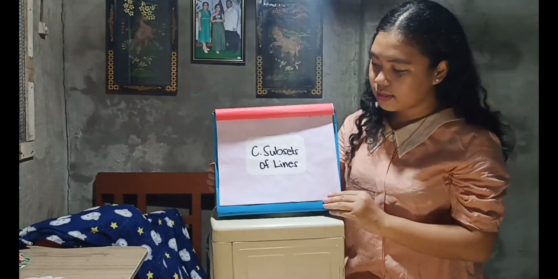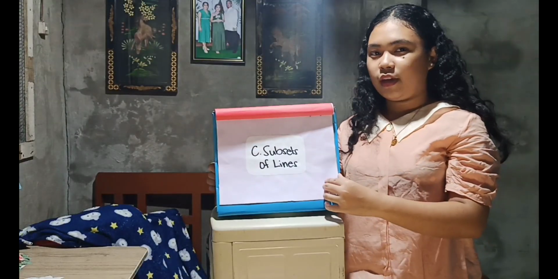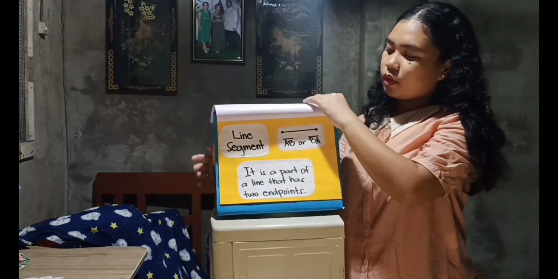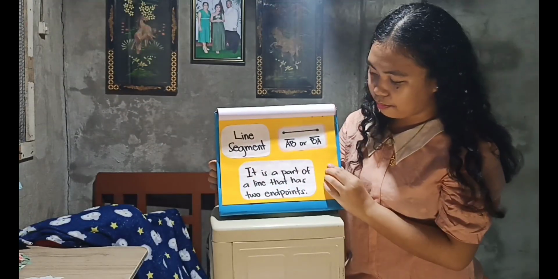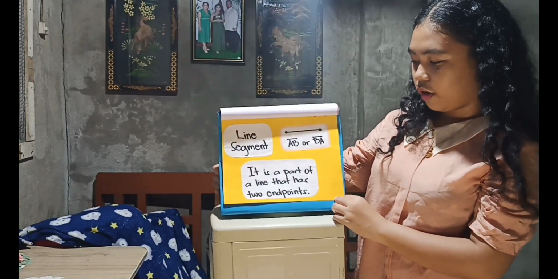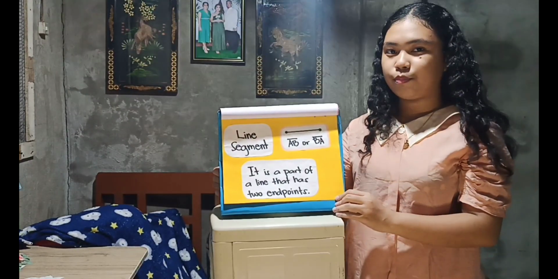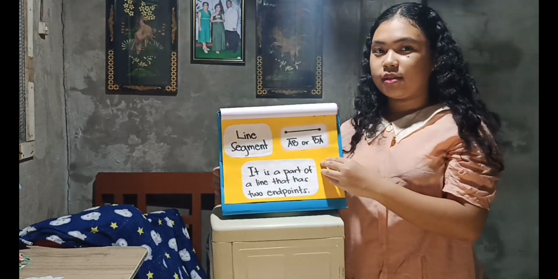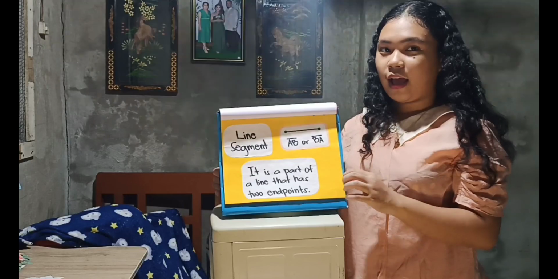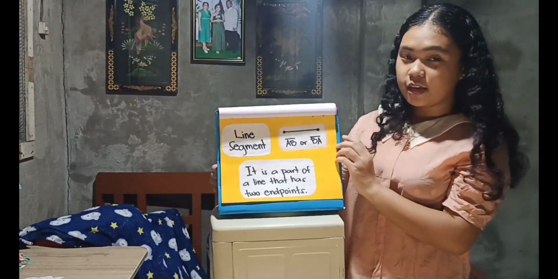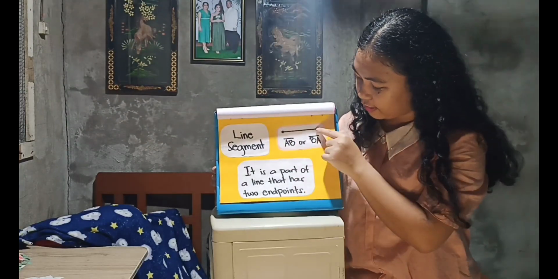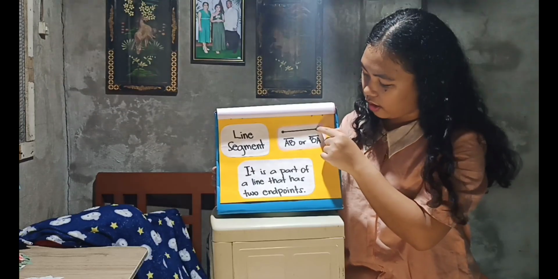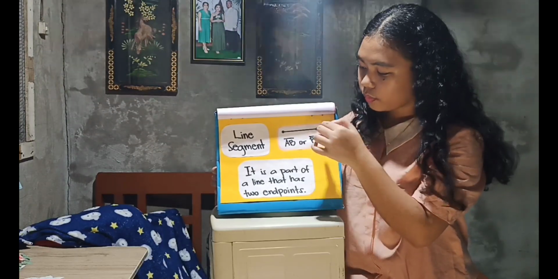Okay, so our last is the subsets of a line. The first one we have here is the line segment. It is a part of the line that has two endpoints. As you can see in the example, we have a line here that has a dot at each end.